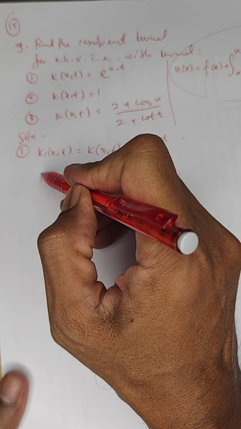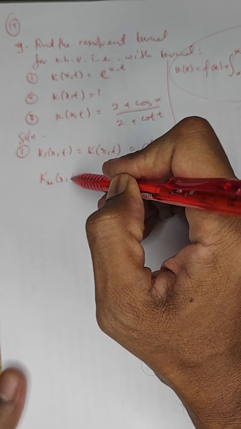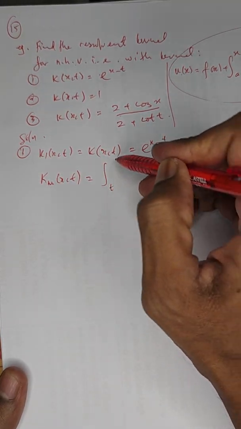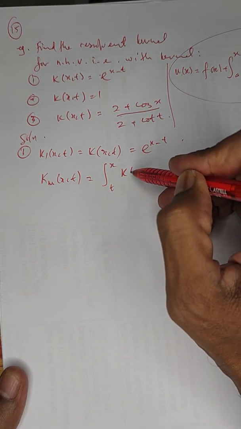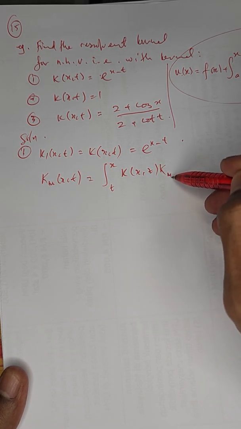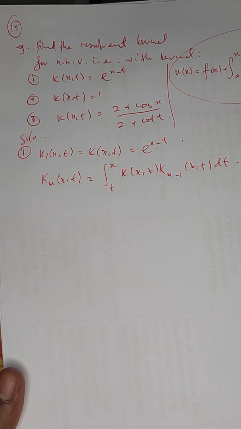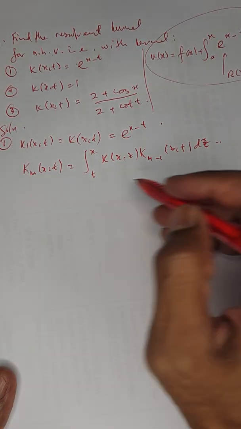And we have K_m(x,t) given as the integral from t to x of k(x,z) K_(m-1)(z,t) dz. It should be dz now.